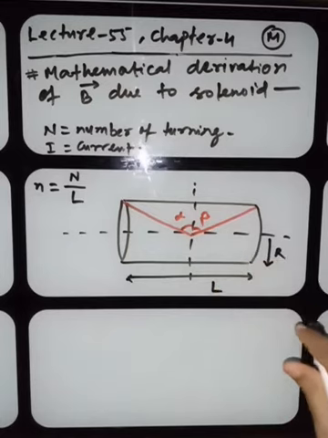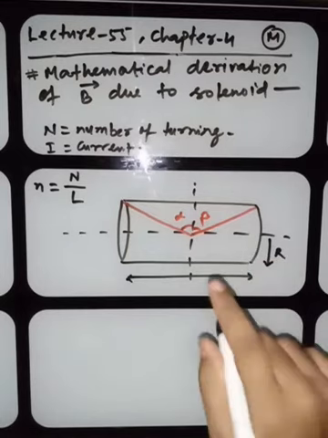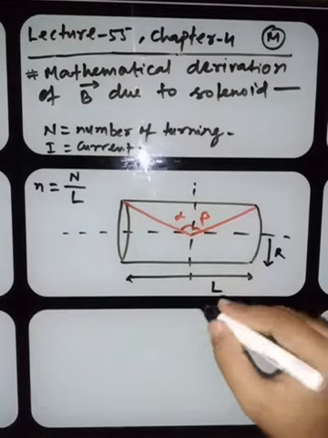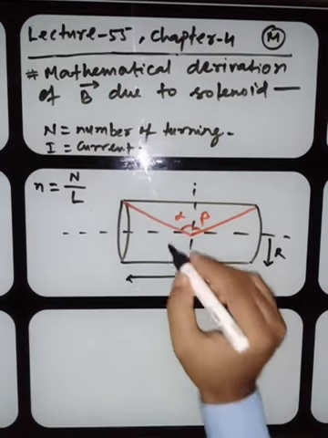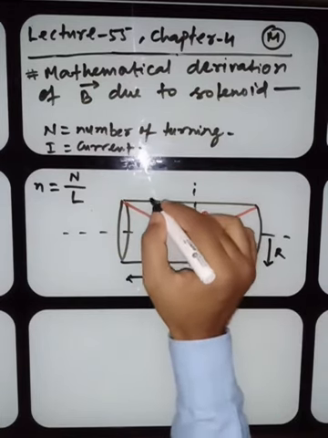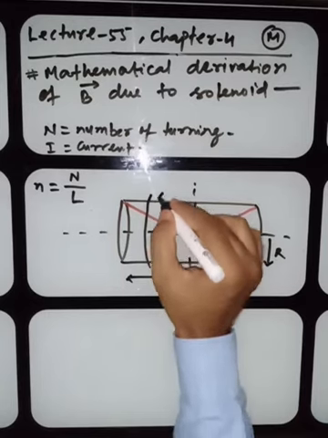Now we are going to derive the magnetic field due to this solenoid. Suppose we take an elementary section.